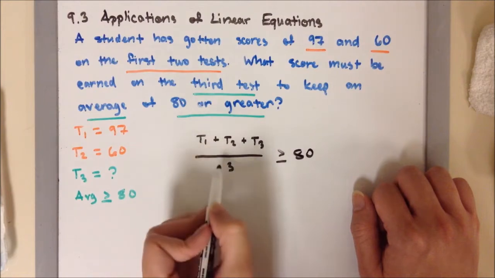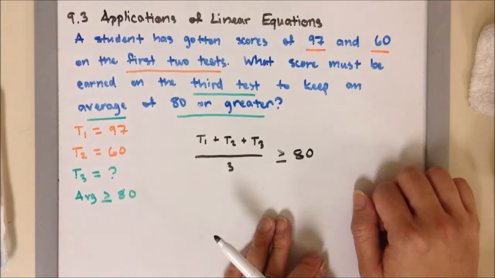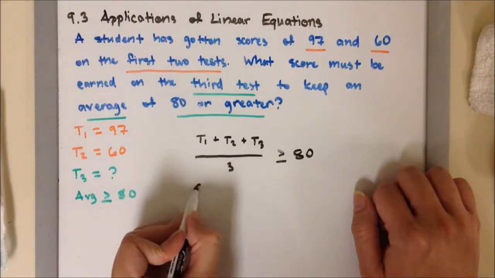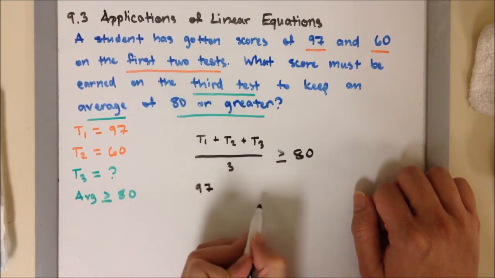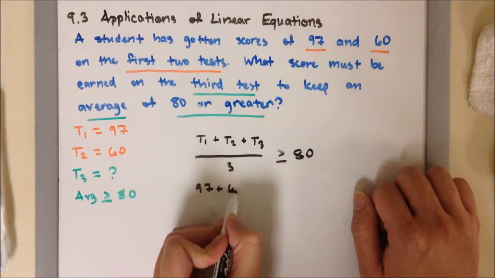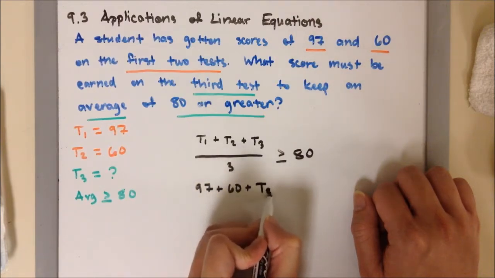So here's the formula for AVG, or average. Now we do know the value of T1, which is 97, and we do know the value of T2, the second test, which is 60, but we don't know the value of T3, the third test.